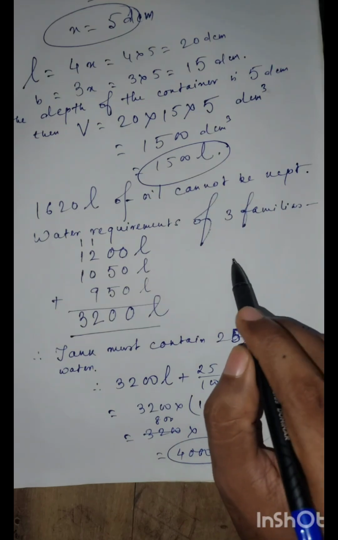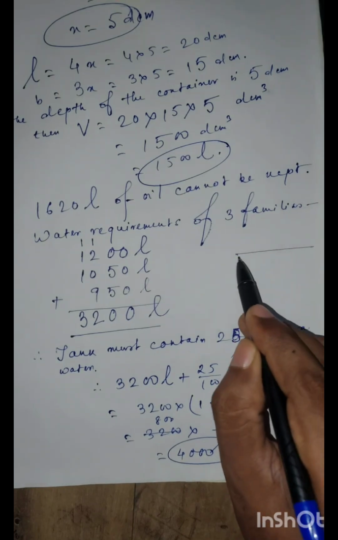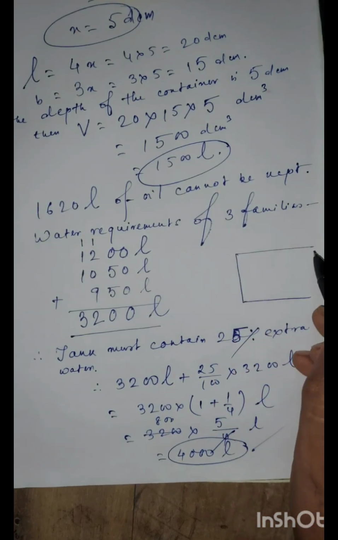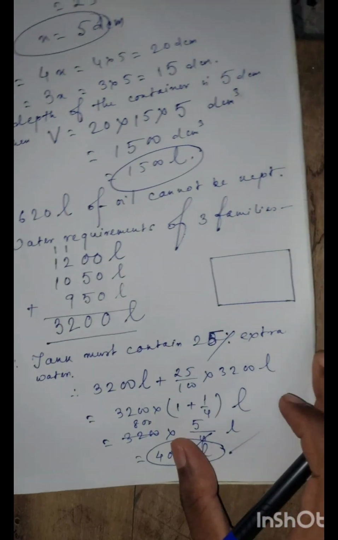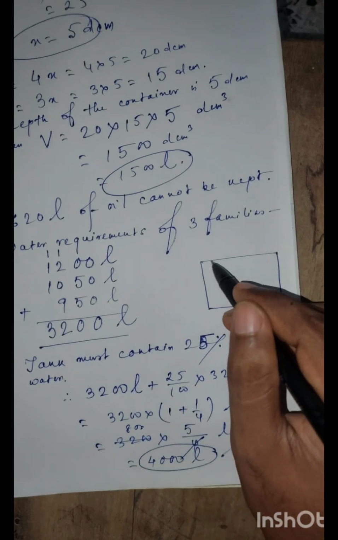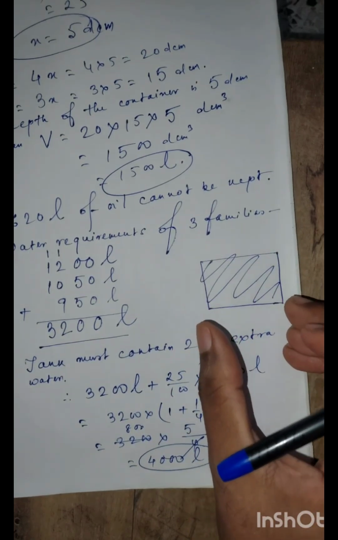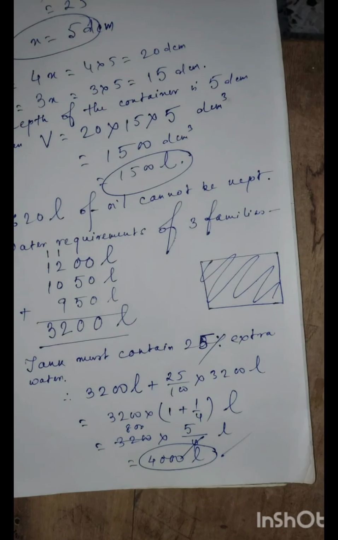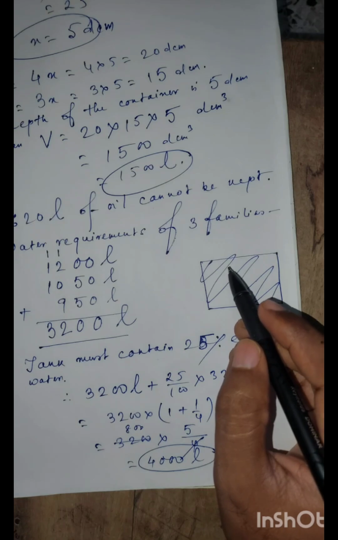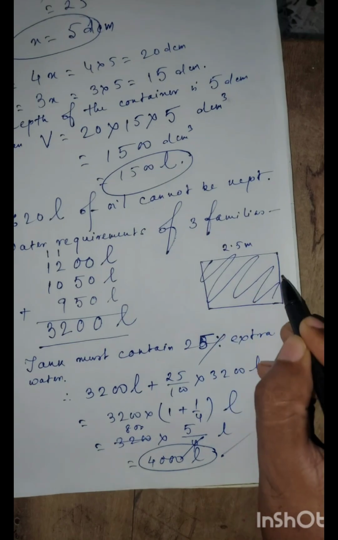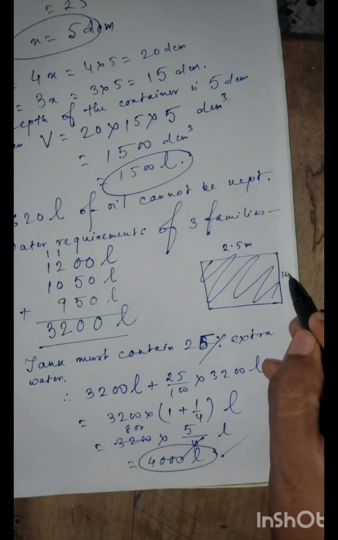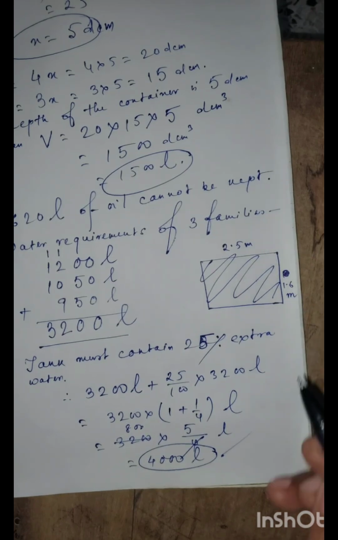Let us assume this is the region where we are going to build the tank. So dimensions of this region are given. This is 2.5 meter and this is 1.6 meter.